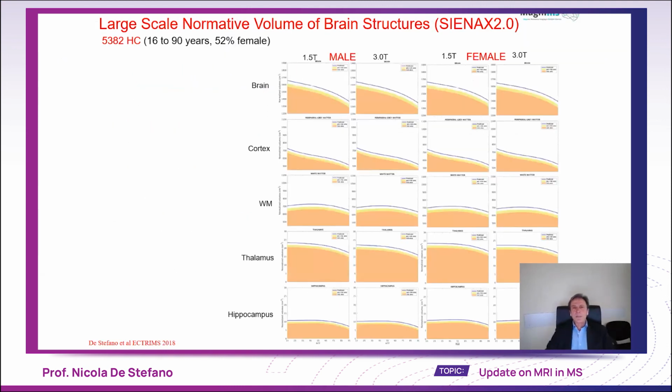Well, we've been trying to overcome some of these difficulties, including making some normative volumes. In this case, we have 5,000 different healthy controls on these slides, male and female, in both 1.5 and 3 Tesla, and we measured the different structures of the brain and provided the normative volumes for them.